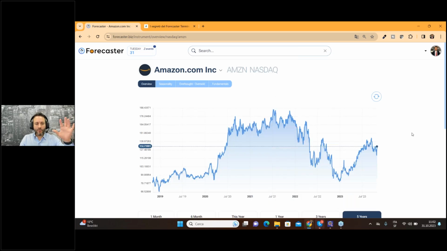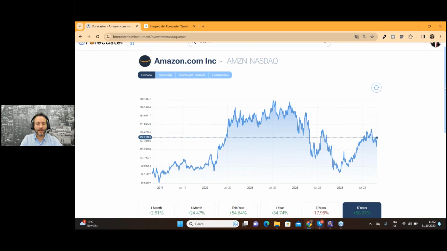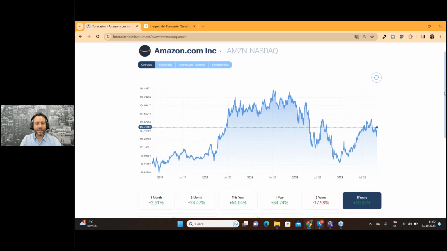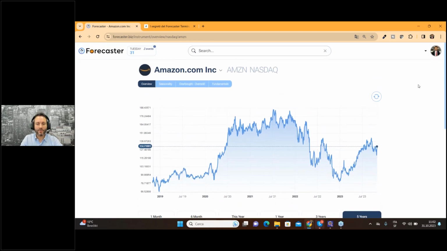By clicking on the stock, we end up on the overview page, which is the page that was added yesterday to the default basic forecaster software, where we have the main dividend information, if there is a stock that pays dividends. This is obviously not the case with Amazon, which has never paid dividends in its history.